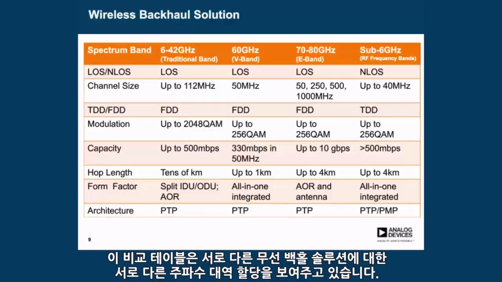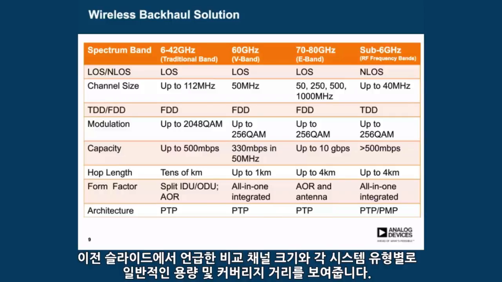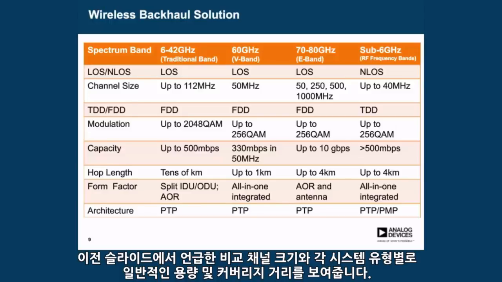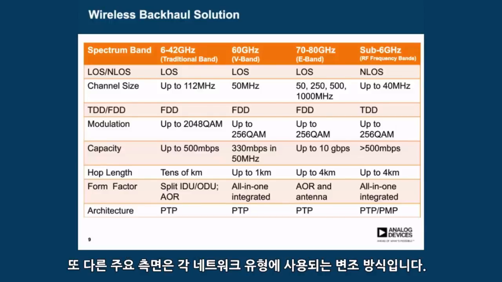This comparative table shows each of the different frequency band allocations for the different wireless backhaul solutions. It shows the comparative channel sizes I mentioned on the previous slide, as well as the capacity and coverage distances typical for each system type. Another key aspect is the modulation scheme used for each of the network types.